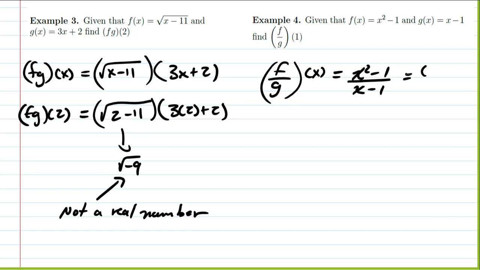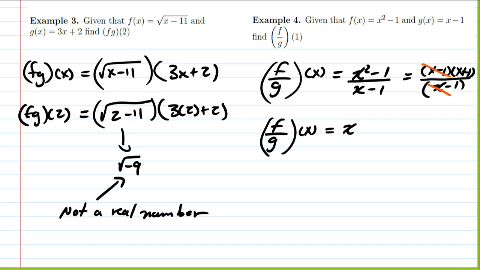You might say, well, that's the difference of squares, so that's x minus 1 times x plus 1 all over x minus 1, and then our x minus 1s reduce out, giving us f divided by g of x is equal to x plus 1.